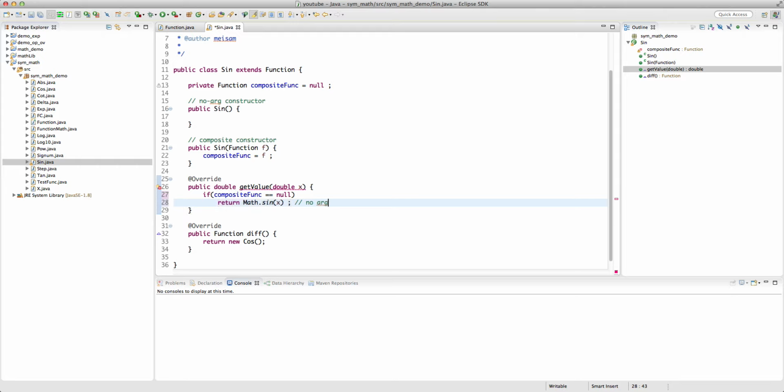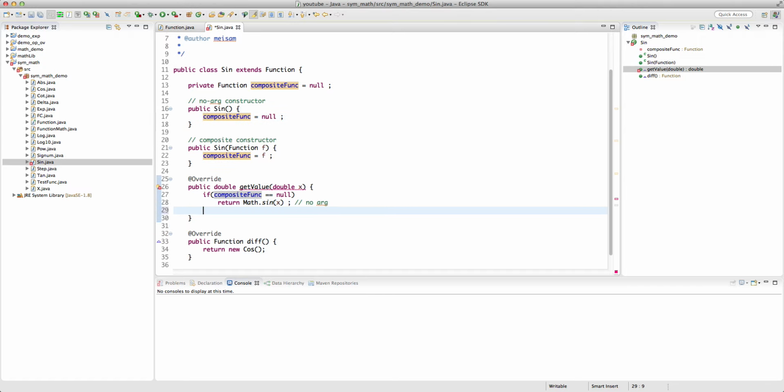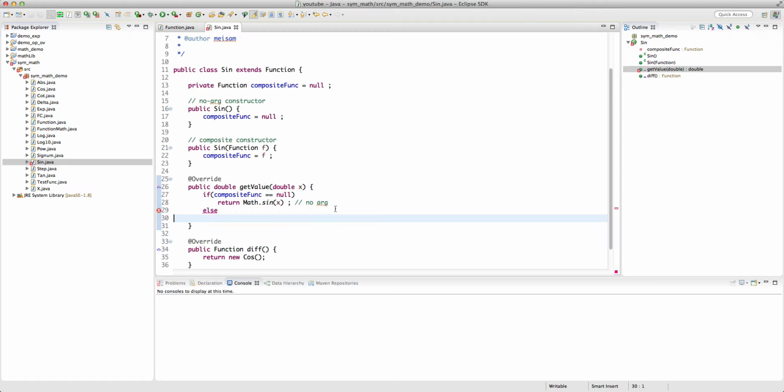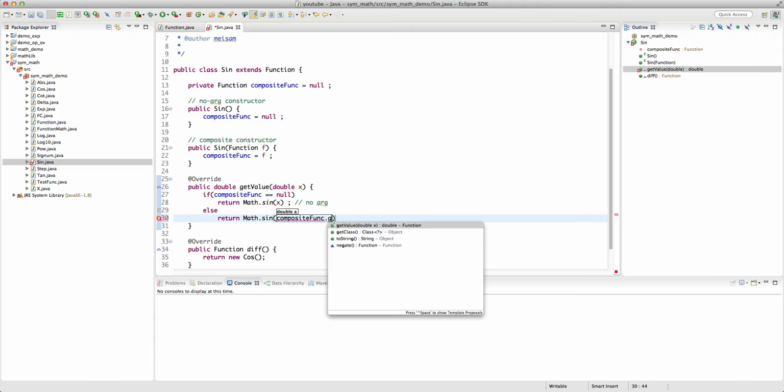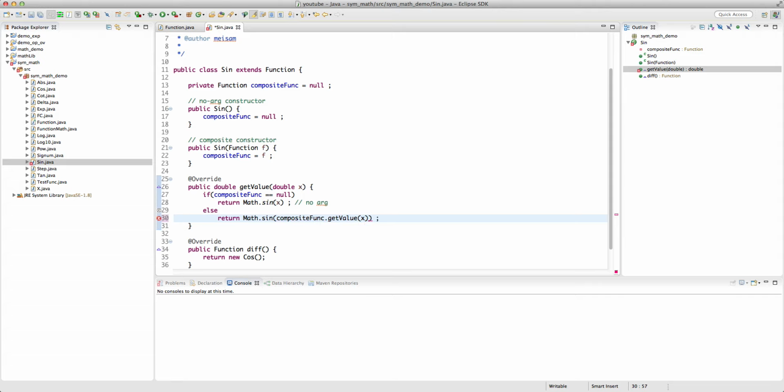Whenever the no arg constructor is invoked, I make sure that the composite function is null. If the composite function is not null, I'm going to return Math.sin of composite func getValue at point x. So we calculate the sine at the value of the composite function.